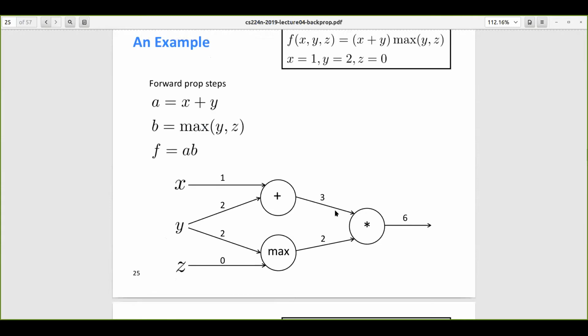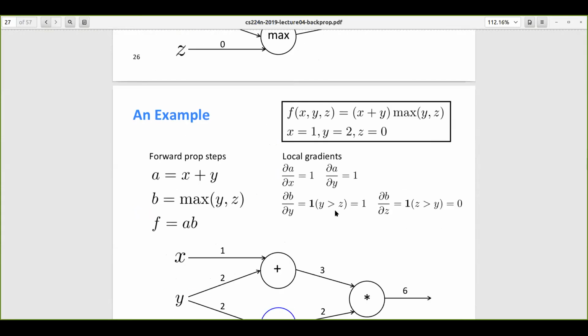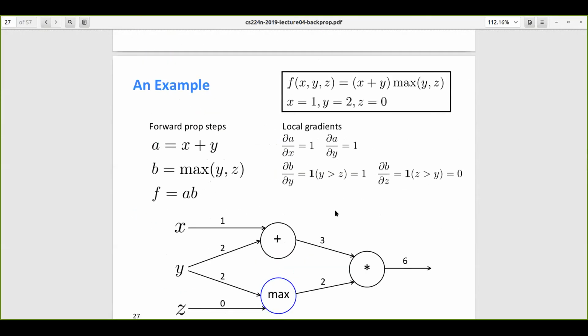Here we can see the different things are shown. We have a equal to x plus y, and when we take the gradients of a with respect to each of its variables, we get 1.